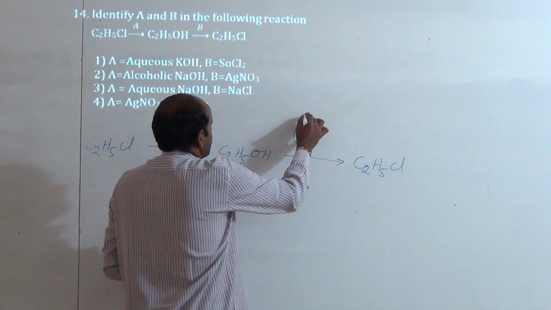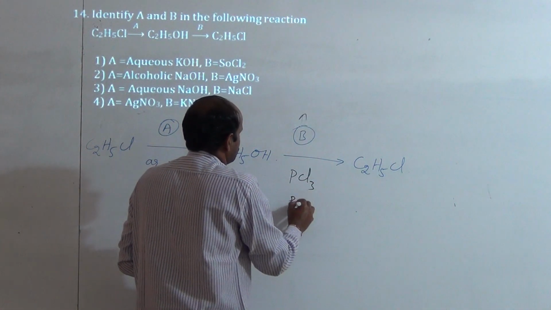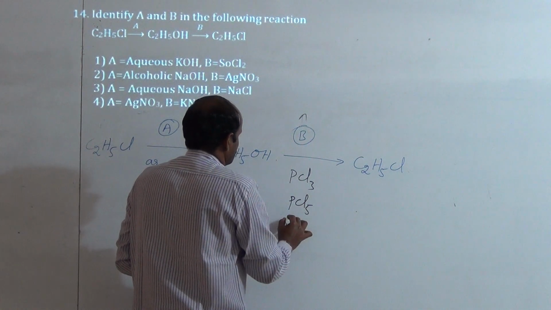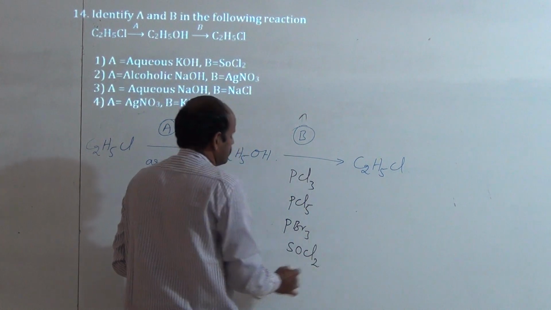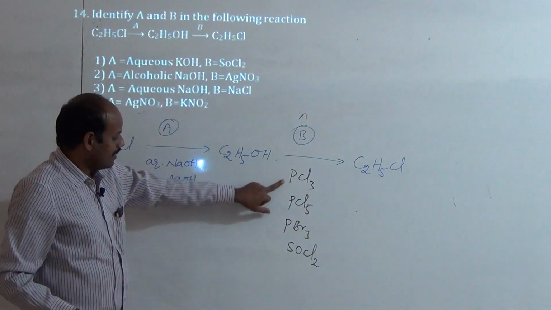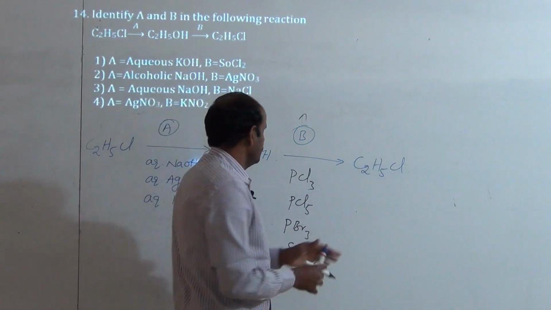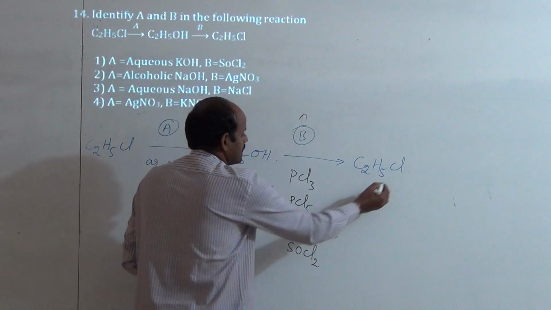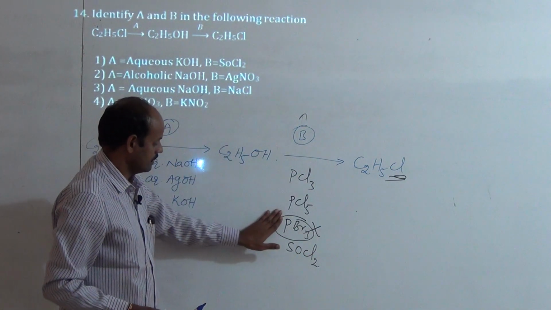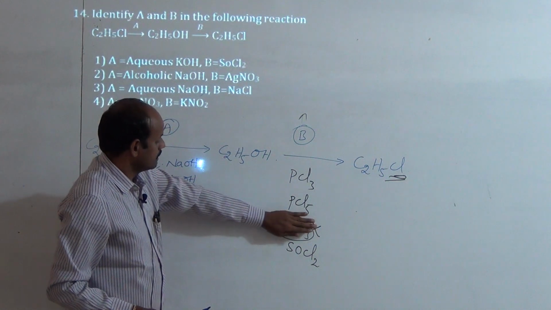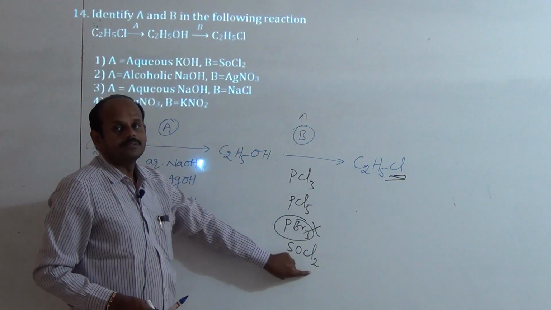So it may be PCl3, PCl5 or PBr3 or SOCl2. On reaction with all these reagents, alcohols are converted into chlorides only. Here don't take Br, because the given product is Cl only. Thus don't take this PBr3. Okay, remove it. Again, now you have to check it. B is either PCl3, PCl5 or SOCl2.